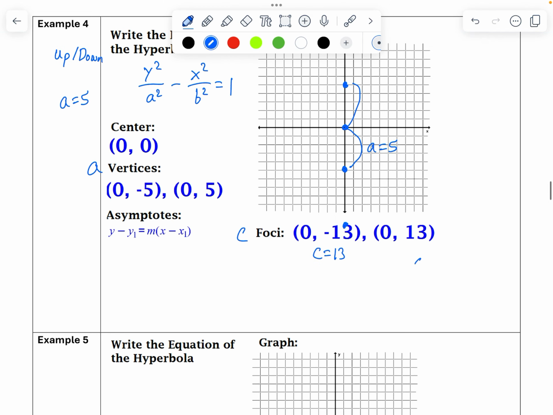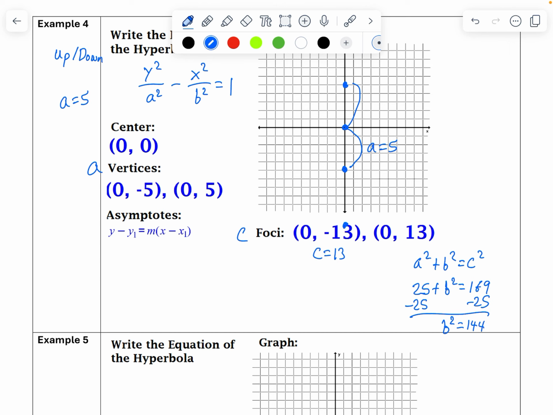Now we want to use our a squared plus b squared equals c squared to connect it all. So this would be 25 because it's 5 squared. This would be 13 squared, which is 169. And if you subtract 25, you get a b squared value of 144.